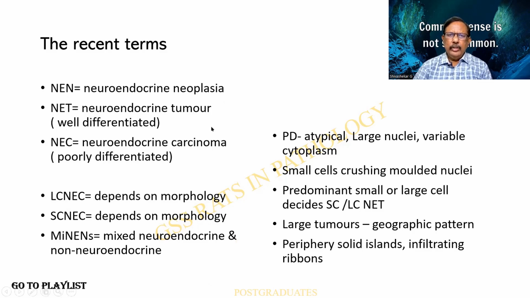But then the author very deftly marks it as well differentiated and poorly differentiated in favor of neuroendocrine tumor and neuroendocrine carcinoma, respectively. And behind me, you will be finding some quote which we shall unravel shortly.